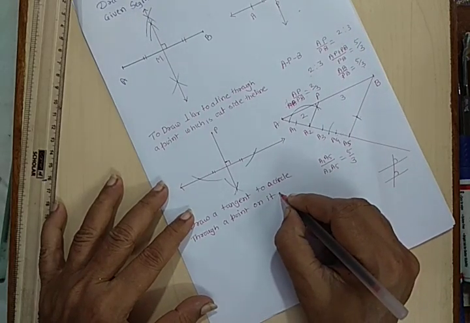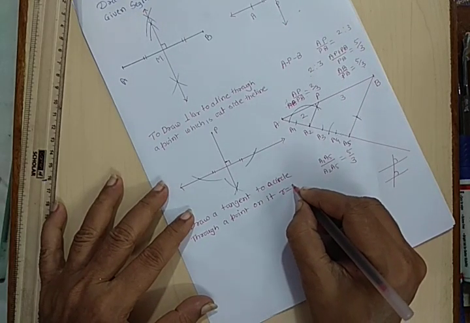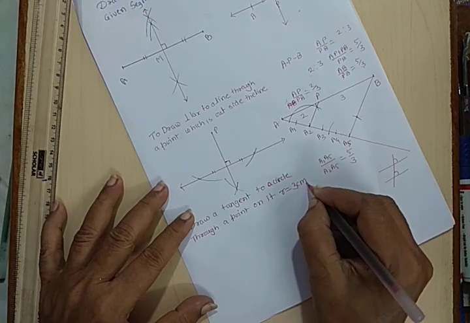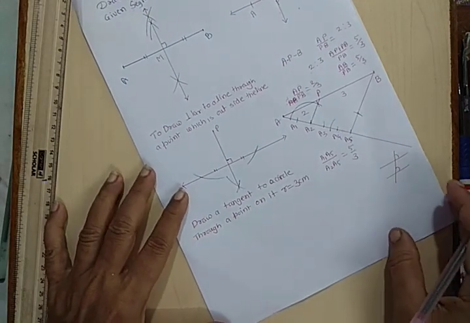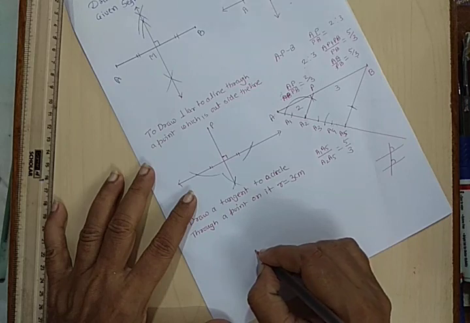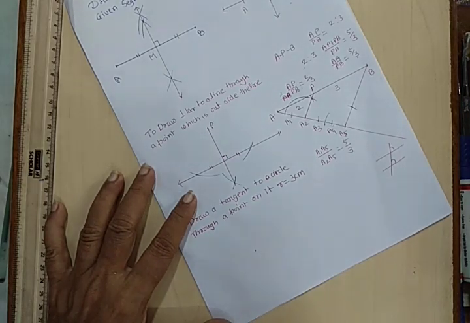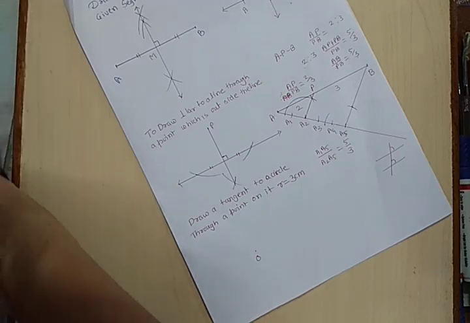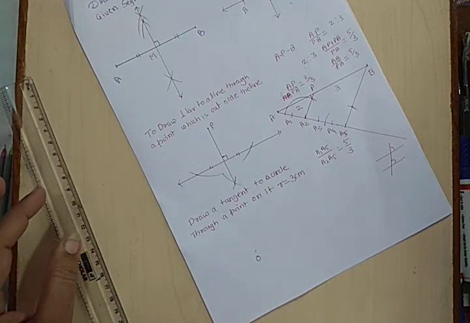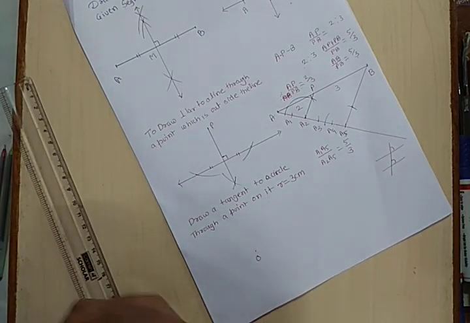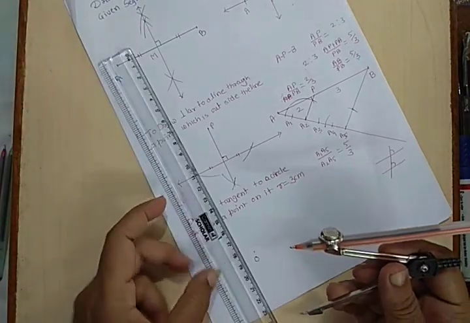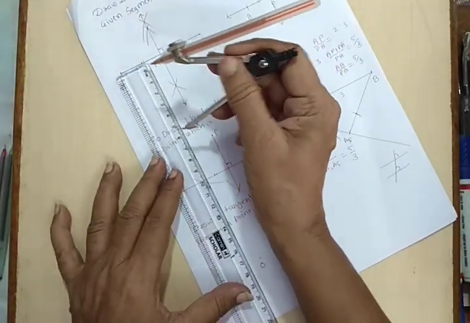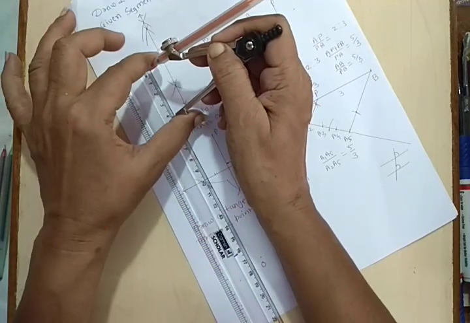Let us take some radius, r equal to, suppose I take 3 centimeter. I always tell the students that we have to locate the center first, O. Never try to locate it after drawing the circle. We have to locate the center first. Then we are going to measure the distance in the compasses.